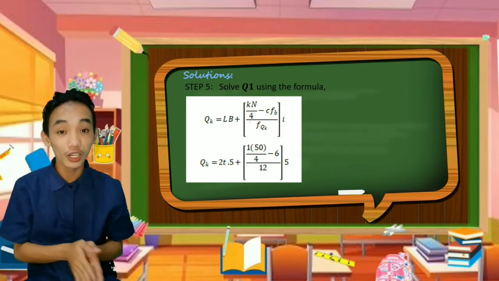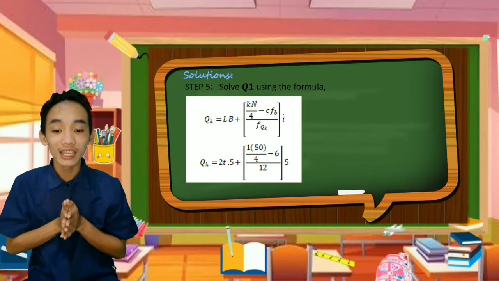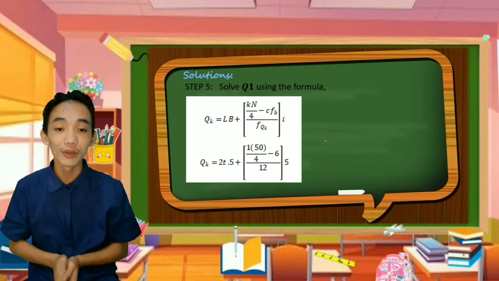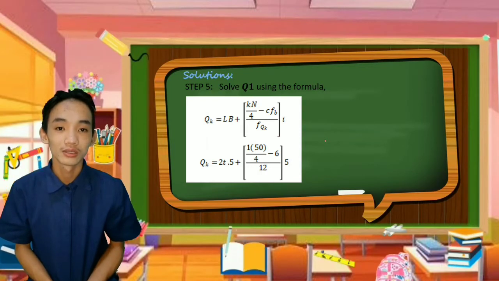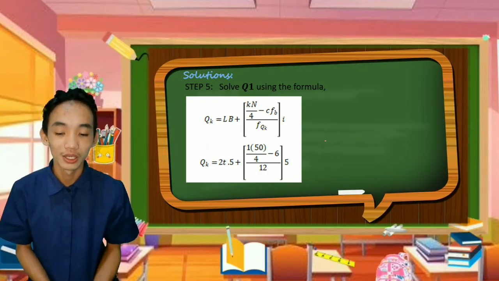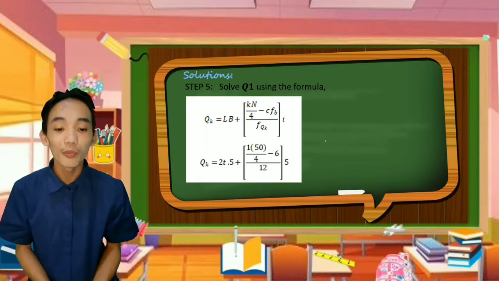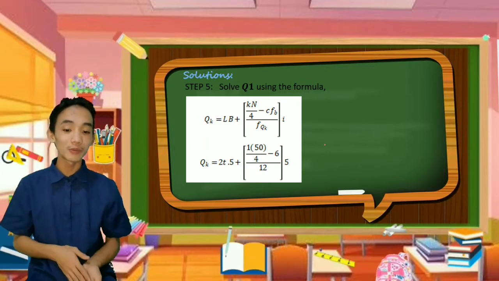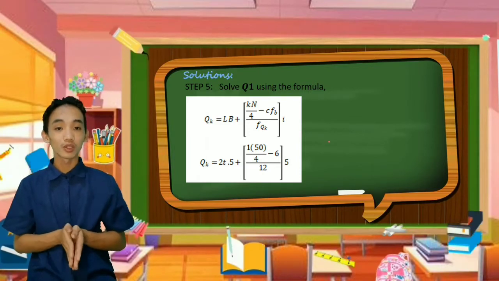The formula that we are going to use is Qk is equal to LB plus kn over 4 minus CFb over Fqk multiplied by i. Qk is equal to 25.5 plus 1 multiplied by 50 over 4 minus 6 over 12 multiplied by 5.